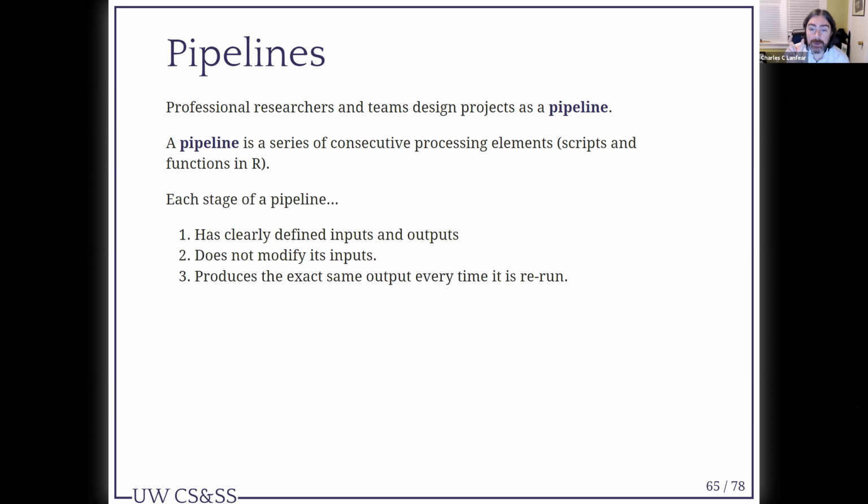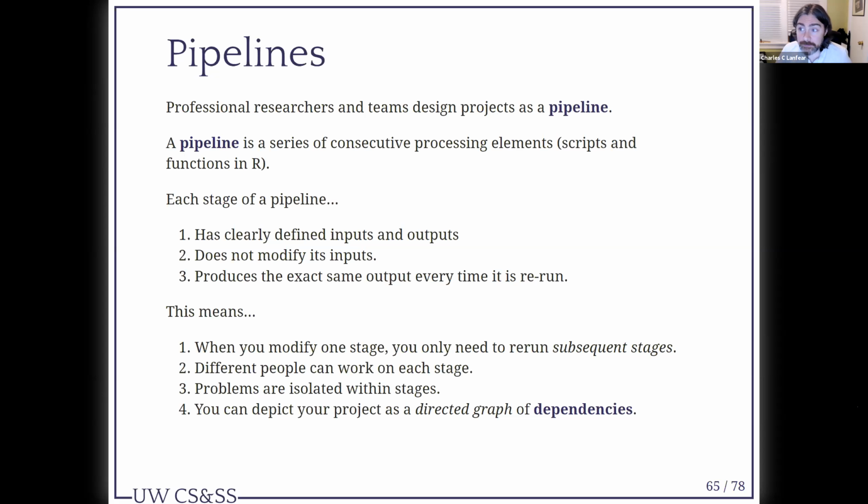Each stage of a pipeline will have clearly defined inputs and outputs. That is, they take one type of object in one particular format, and they spit out a different type of object in a particular format. They never modify their inputs, they just produce different outputs. And they will produce the exact same output every time they're rerun unless you change something in the stage, okay?